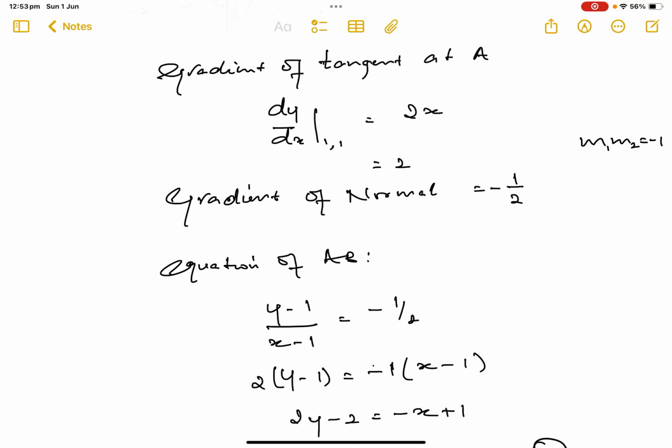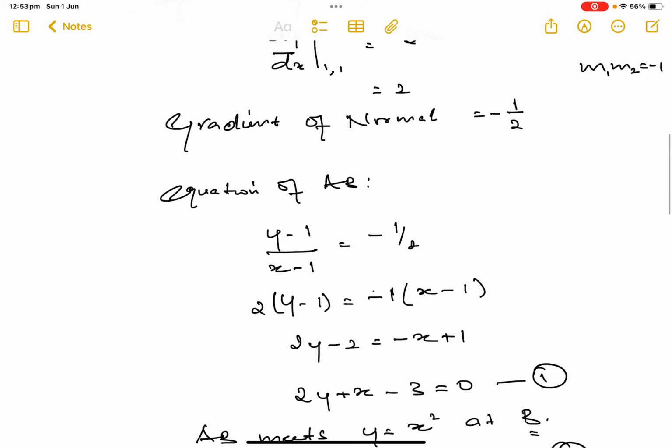If that's the case, the gradient of the normal is minus 1 over 2, because if two lines are perpendicular, their gradients m1 and m2 multiply to give minus 1. So if m1 is 2, then m2 is minus 1 over 2. So the gradient of the normal is minus half.